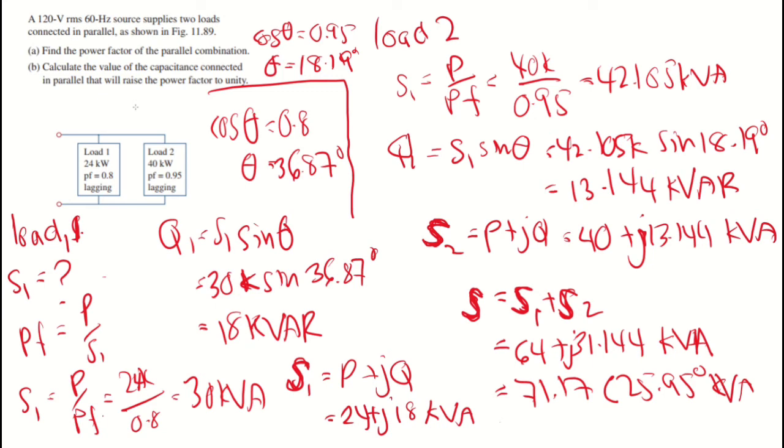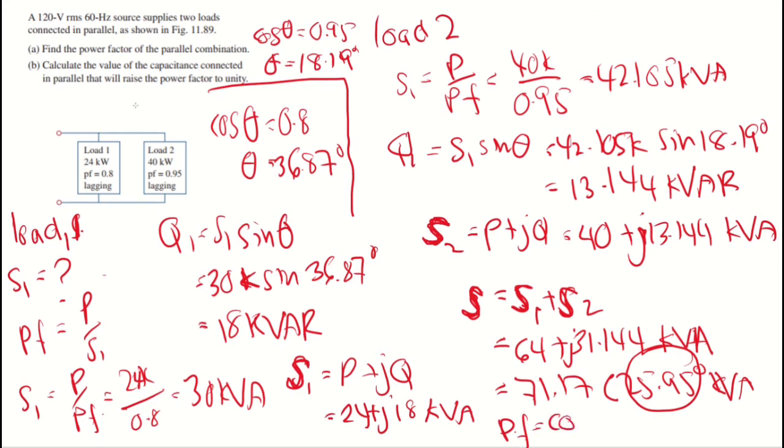To get the power factor, we just use this value, where power factor is equal to cos theta. You will get 0.8992 lagging. I hope you understand how to get the power factor of a parallel combination.